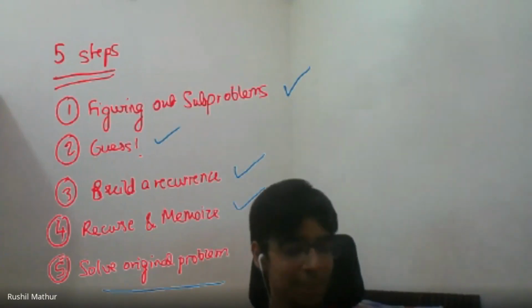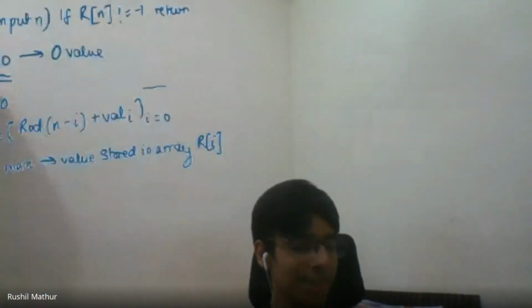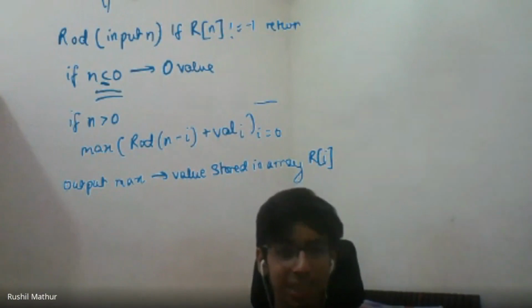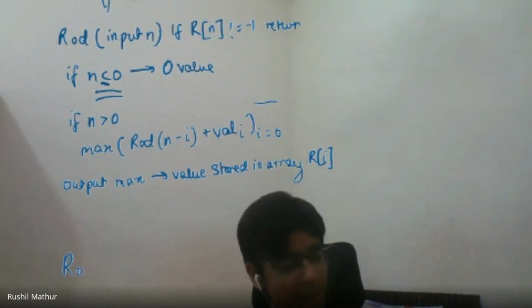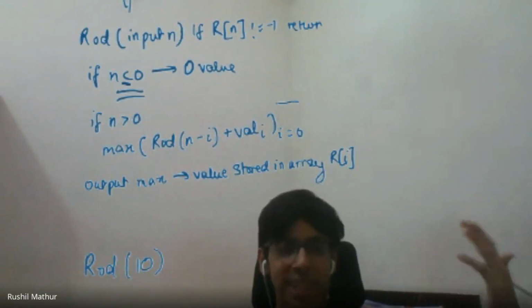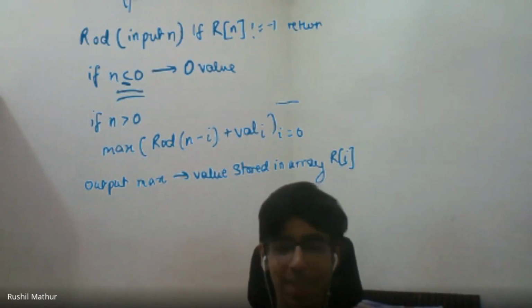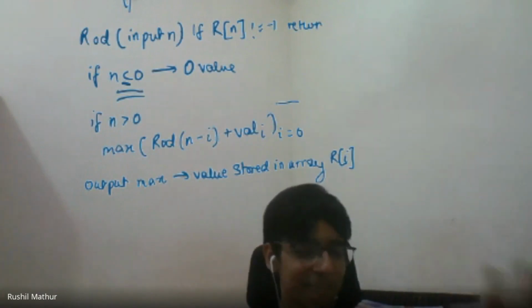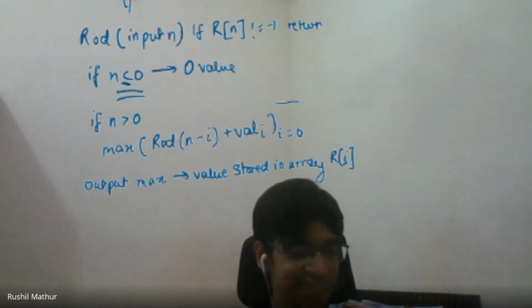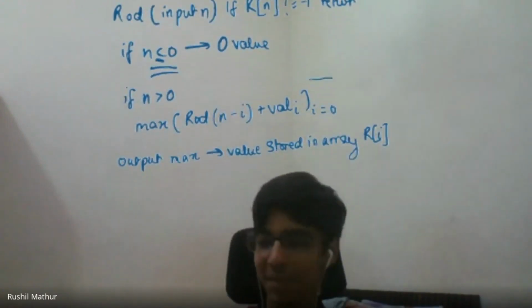What we mean by this is that somewhere else, in some other function, you actually input rod 10 or whatever rod you want. This is really an irrelevant step, not that big of a deal, but the main thing is these first 4 steps. So yeah, this was one cool problem.